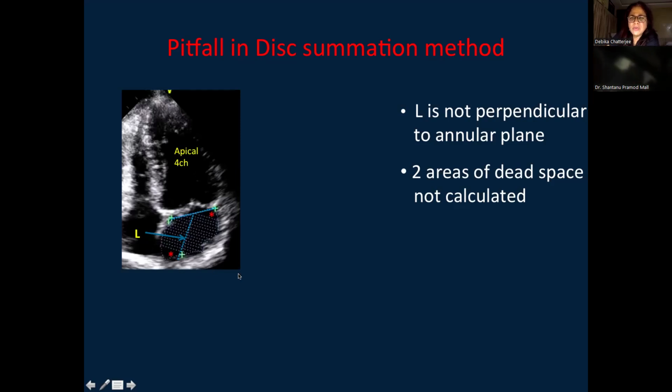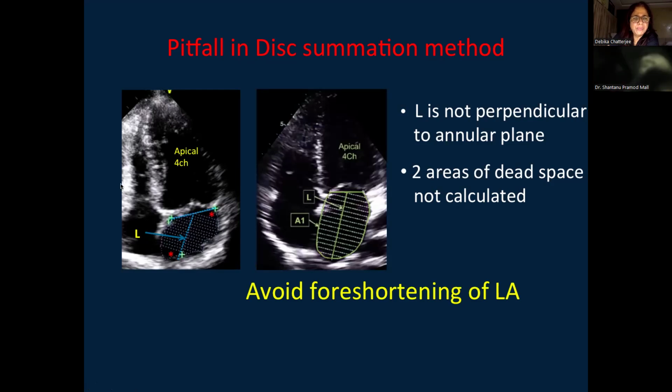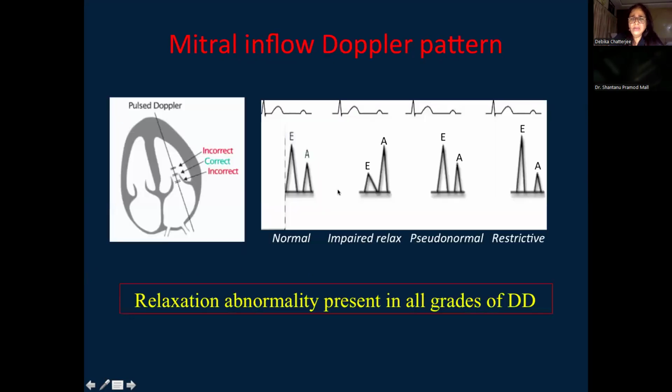So 2 areas of dead space are not calculated in the LA volume. This is to be avoided. It is because of foreshortening of the LA. So this is wrong, and this is the right approach. You have to be very careful: your L value should be perpendicular to the interannular line.